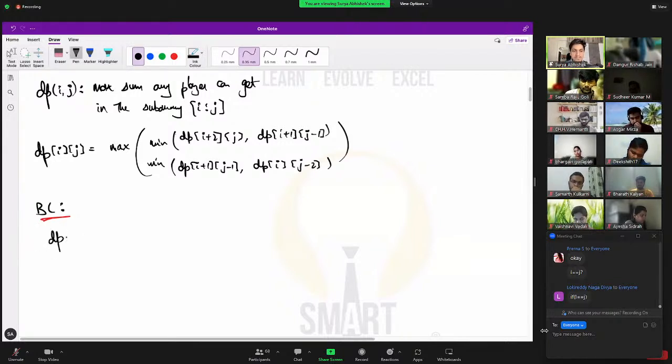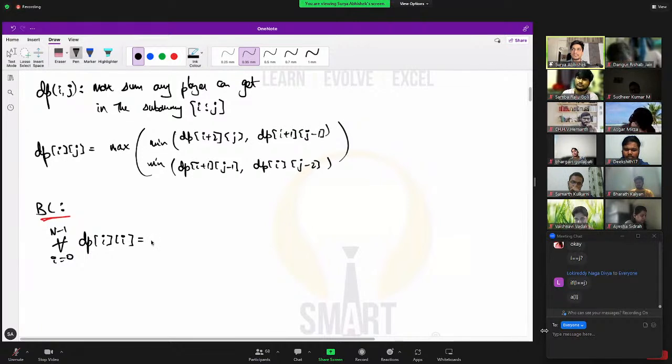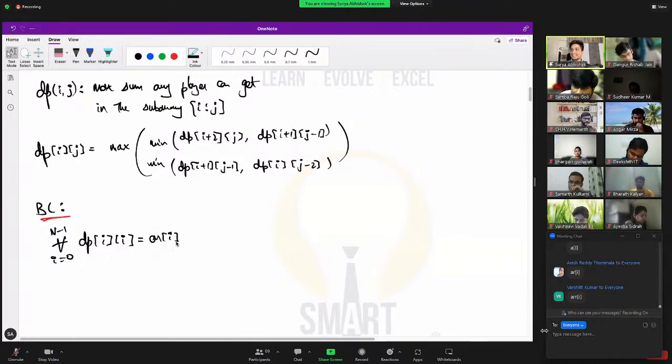So the first base condition for us here is, for all i equal to 0 to n minus 1, dp of i, i is equal to, what should the answer be? Yeah, that's it, array of i. Only one element is there. That player will pick that element. That's it.